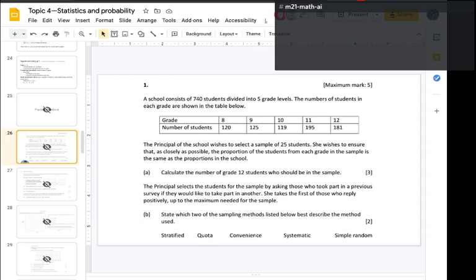So the more appropriate sampling technique would be stratified and quota, because stratified has a certain proportion that you need to fulfill, but you randomly sample it. For quota, you need to place a certain set of targets that's proportional to the population, but it's not randomized.